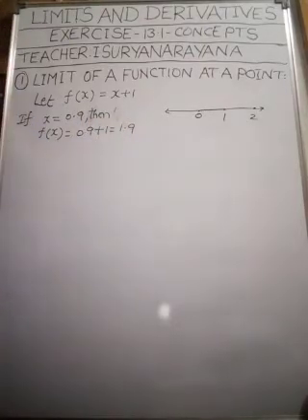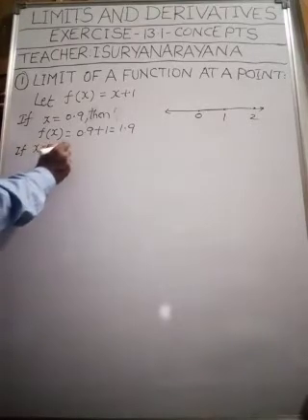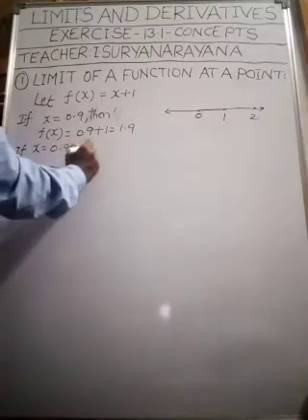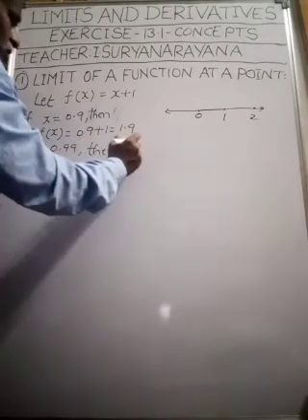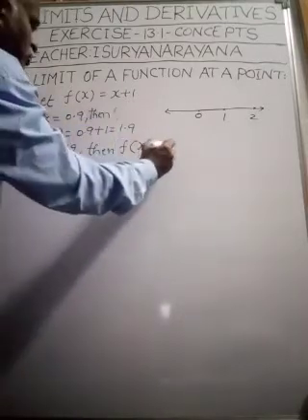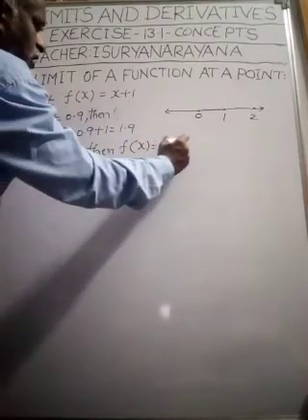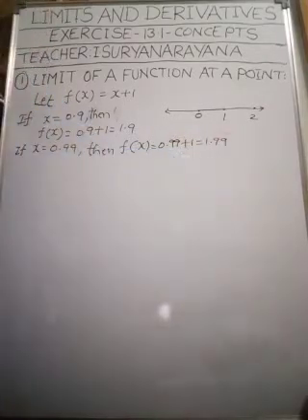Isn't it, my children? If x is equal to 0.99, then f of x value is 0.99 plus 1. What will you get here? 1.99. Isn't it? Okay, my children, just to be substituted.